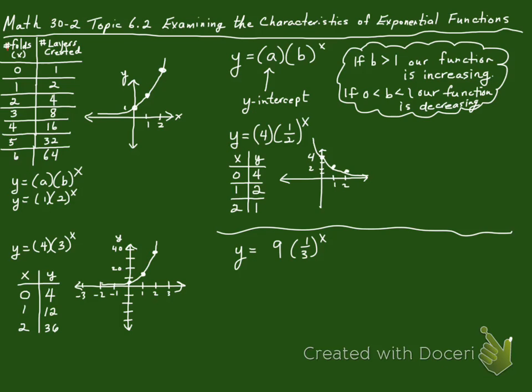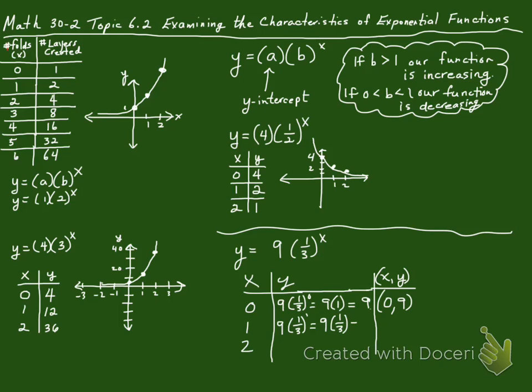How about y is equal to 9 times 1/3 to the power of x? This time, we're going to plot our x and y values. If x is 0 again, 1/3 to the power of 0 is 1. So when x is 0, y is going to be 9. We're going to do all the work this time, just to show you where this all comes from. That's the ordered pair (0, 9).